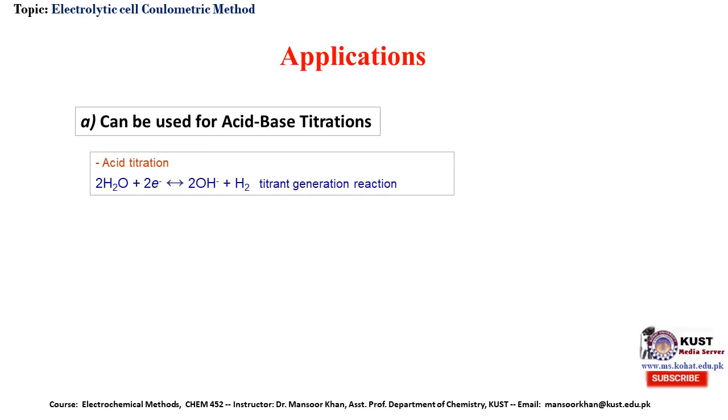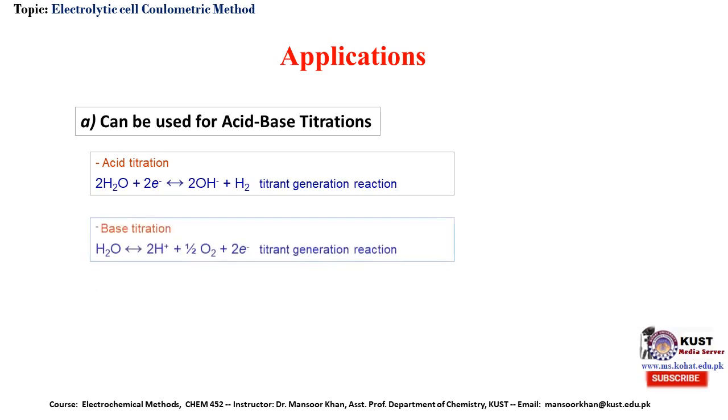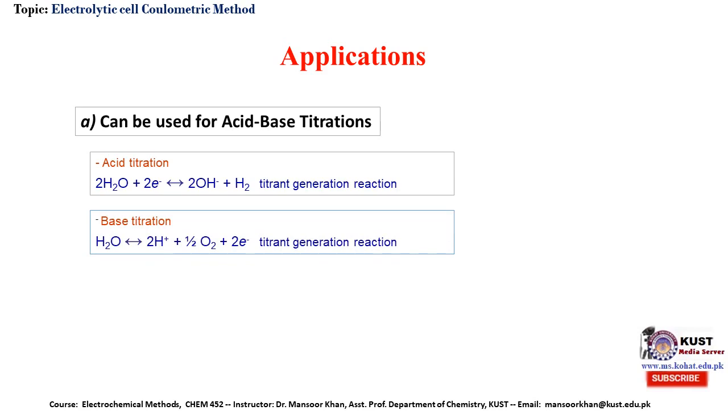The analyte and the titrant are, one an acid and the other a base, while the reaction between the analyte and the titrant is a neutralization one. This is acid titration, in which H2 production will lead to the formation of OH, titrant generation, while this one is the base titration, in which hydrogen ion production will take place.